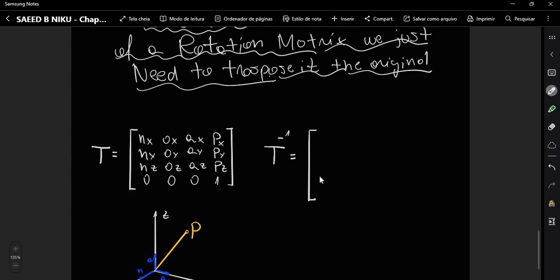So let's write the transposed matrix of this matrix. We just need to swap this line by this column. So it is nx, ox, ax, and 0.